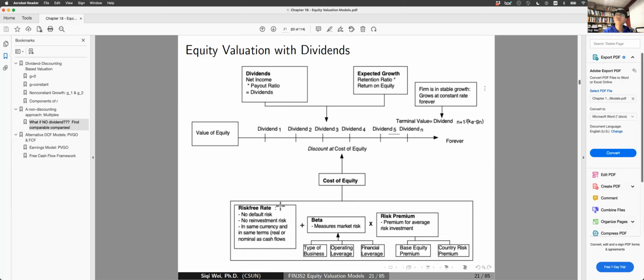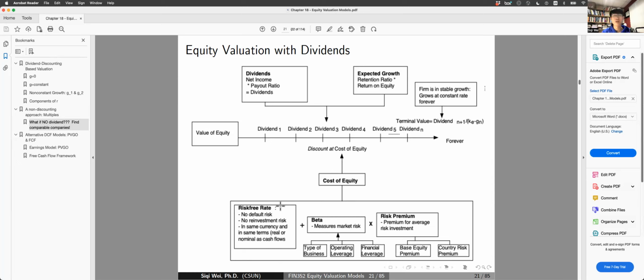If the market risk premium changes by 1 unit, your expected return changes by beta units. We'll talk about that later. This is known as the capital asset pricing model. It basically tells you that your expected return can be decomposed into two components: one is the risk-free rate, one is the market risk premium.